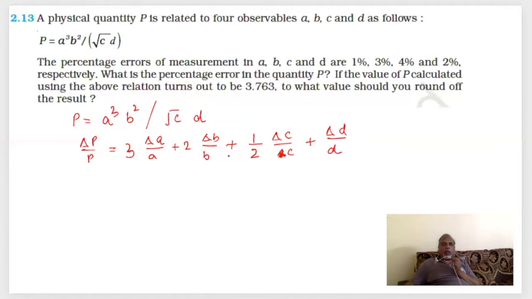These all will be in plus because we are going to find out the maximum error. So we have to take plus only. If we take minus, then it may equalize the error and you cannot reach the maximum error. So finding out the maximum error is very important in our scientific calculations. Here C and D are in the denominator, but still it is on the plus side so that we can find out the maximum.